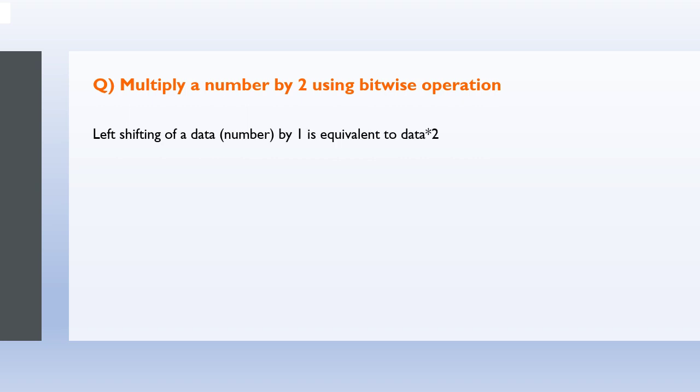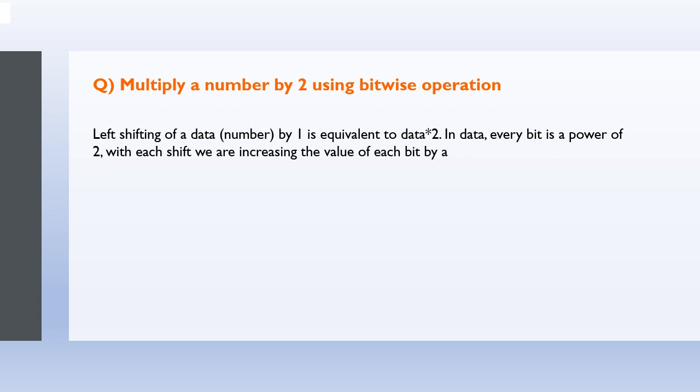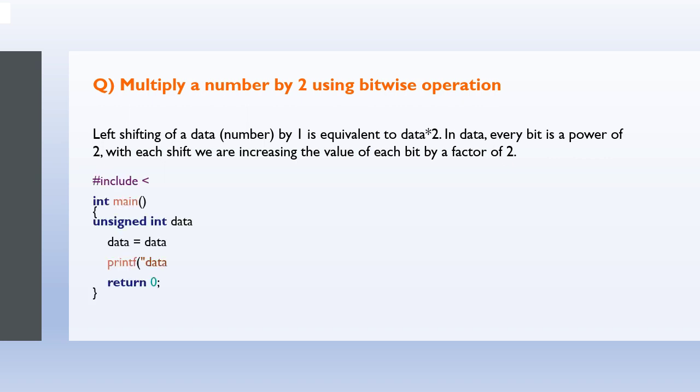So with each shift we are increasing the value of each bit by a factor of 2. So I'll have data left shifted by i times, that will give me the multiple of 2. The program is very simple. Data equal to data left shift 1, equivalent to data into 2, then print the data, as simple as that.